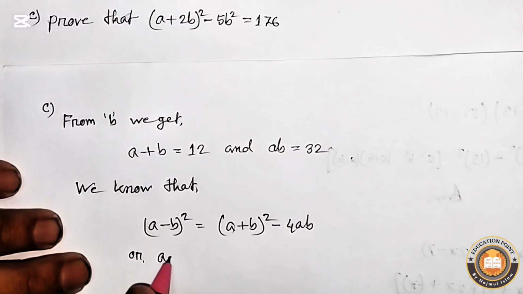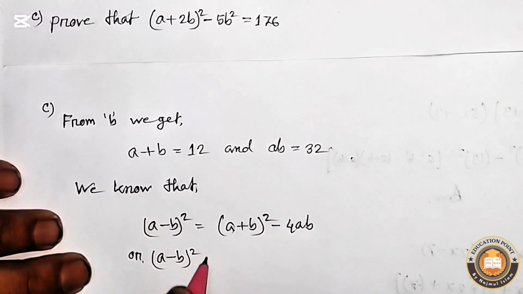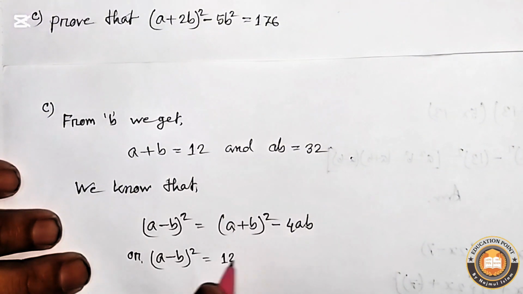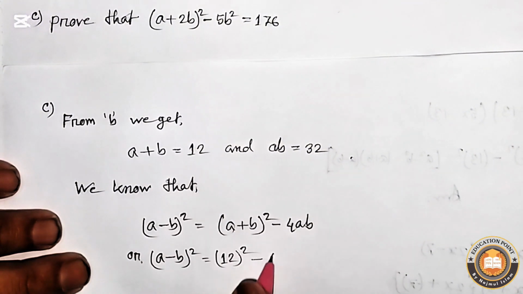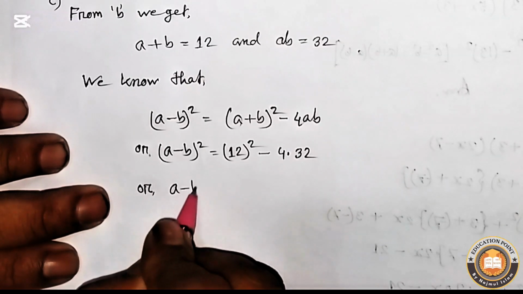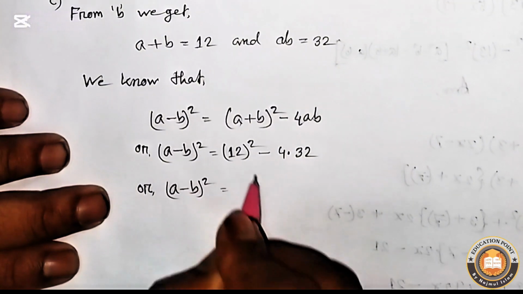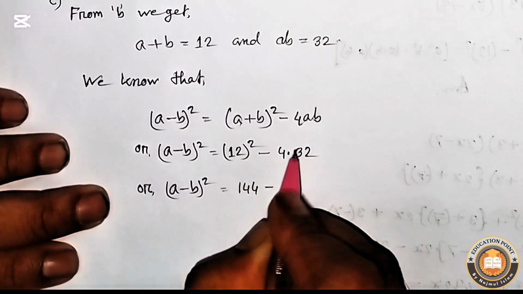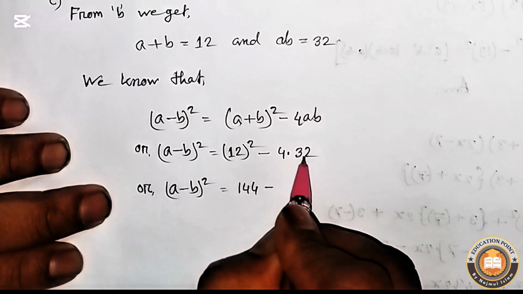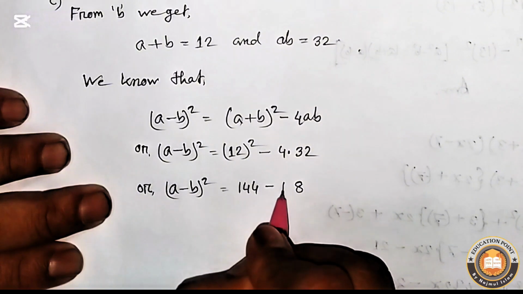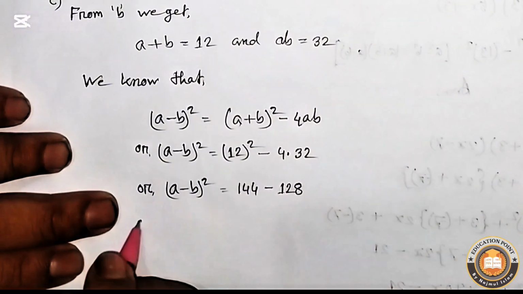So (a - b) whole square equals, value of a + b is 12, then whole square, minus 4 into the value of ab, which is 32. (a - b) whole square equals square value of 12 is 144, minus the multiplied value of 4 and 32, which is 128.